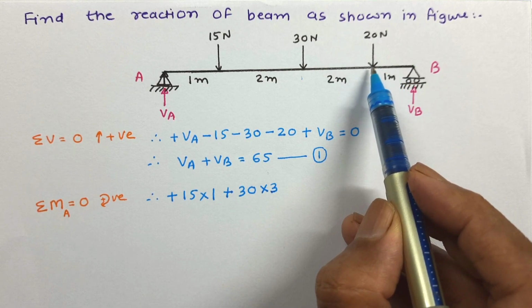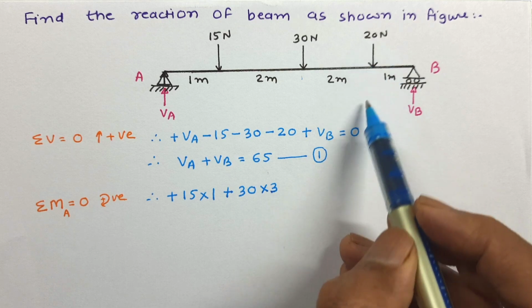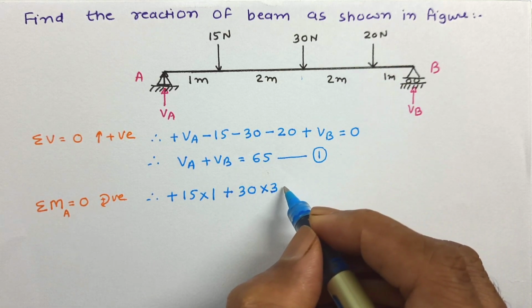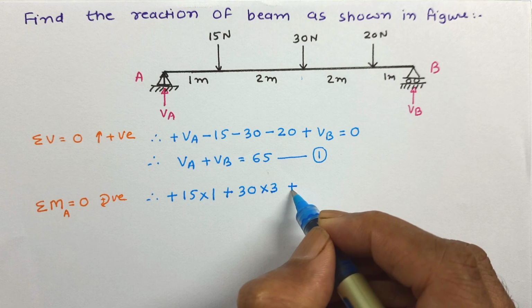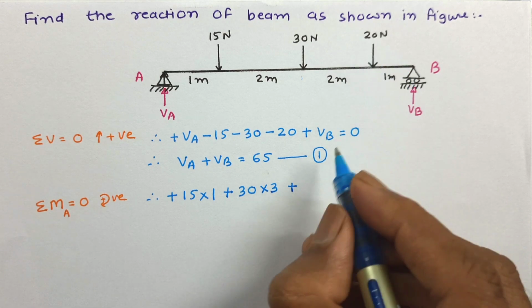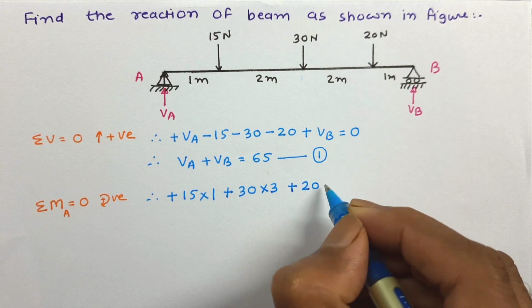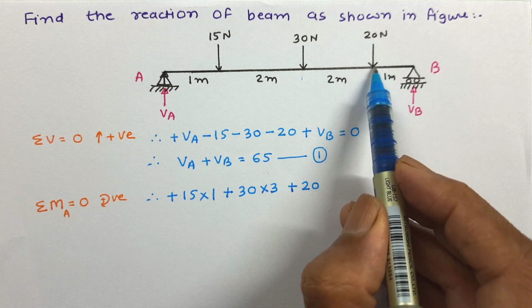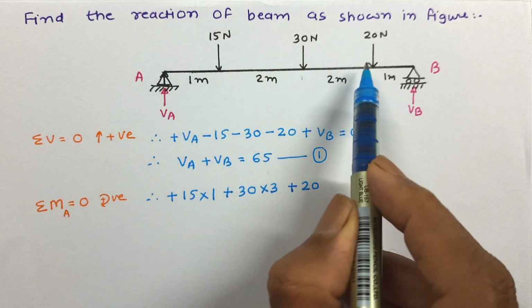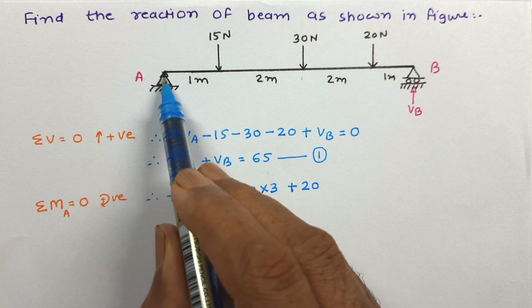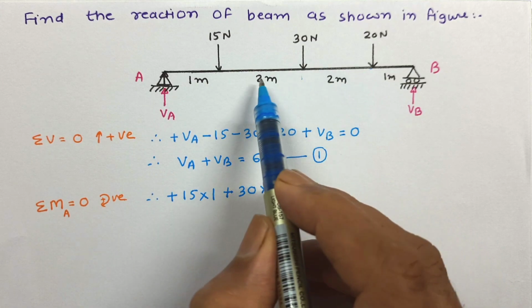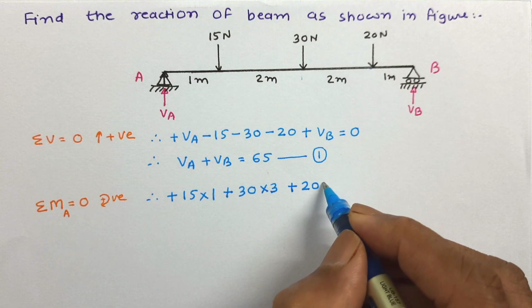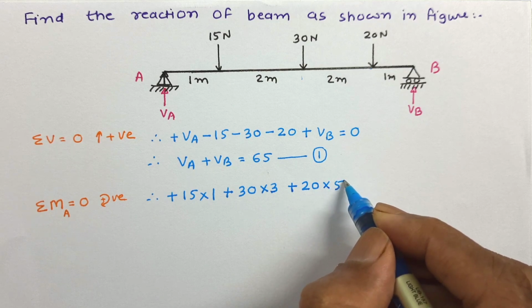Then the moment about this point due to 20 kilonewton will also be in the clockwise direction, so here we will use the plus sign. Force is 20, so we'll write 20, and the distance from 20 to the point where we are working out moment is 2 plus 2 plus 1, so it will be 5.